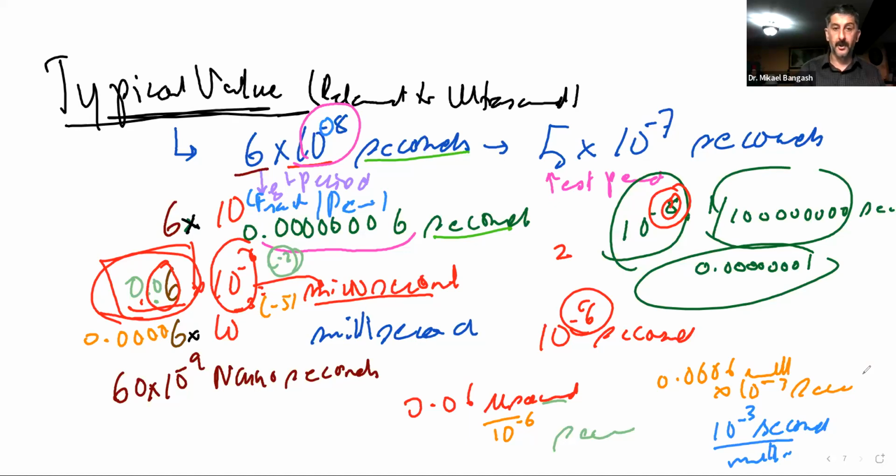Clear? So the shortest period of an ultrasound cycle is going to be 6 times 100 millionth, sorry, 100 millionth of a second. Did you guys get that?